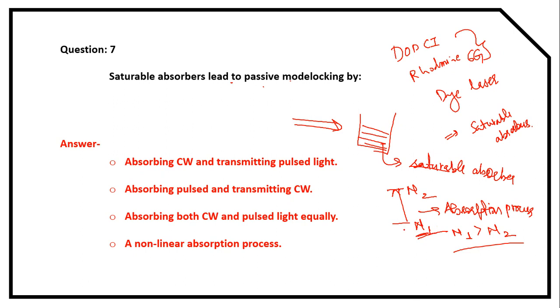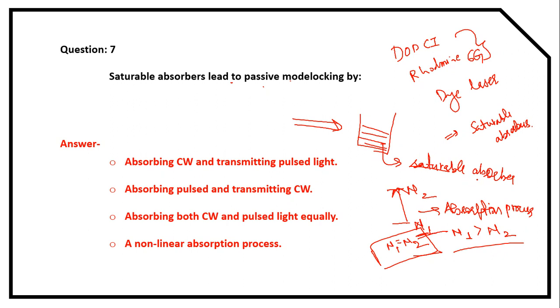This is also applicable for the continuous wave. If the continuous wave is of sufficiently low intensity, the same thing happens. It may excite the population to some extent, and the relation n1 almost equal to n2 comes, but it does not happen that the population of n2 will be greater than n1. The third one is the pulse light.